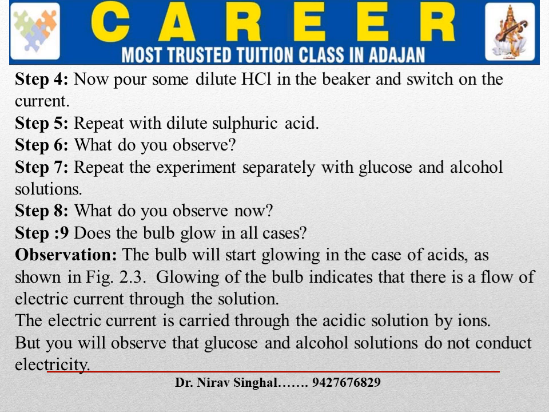In this way, it is proved that not all hydrogen-containing compounds are ionic in nature, or that not all compounds which consist of hydrogen are acidic in nature. And all the acids donate H plus ions and are good conductors of electricity.